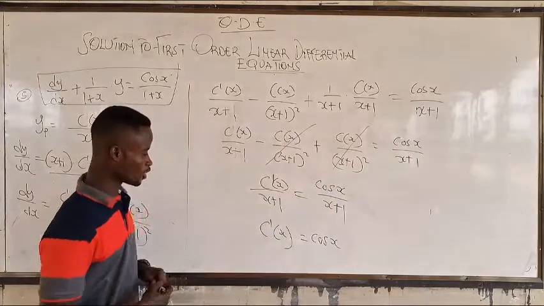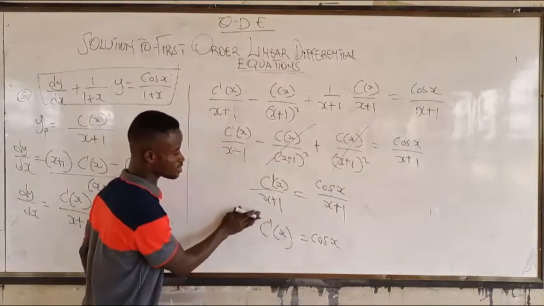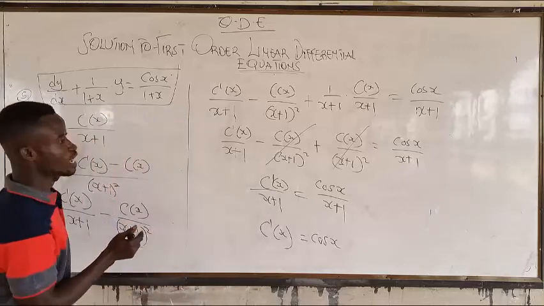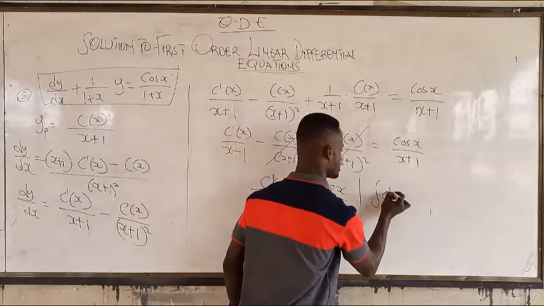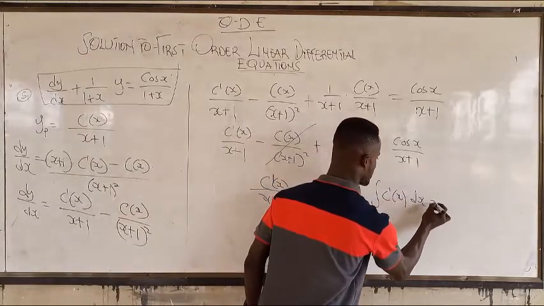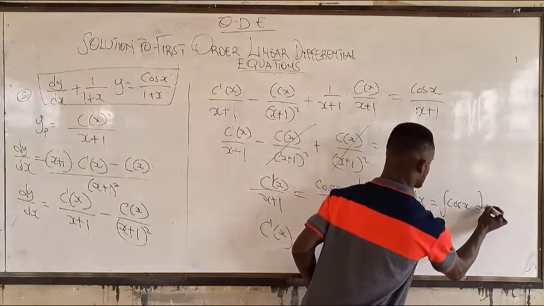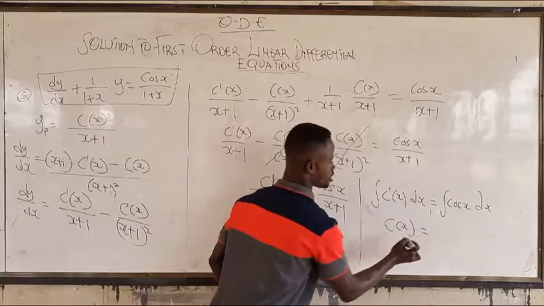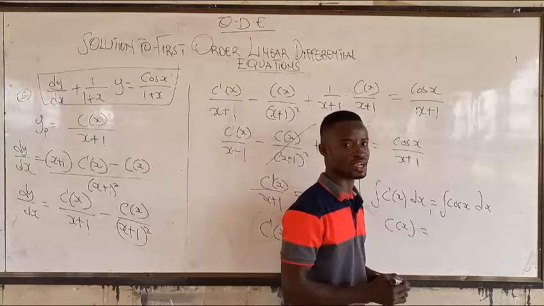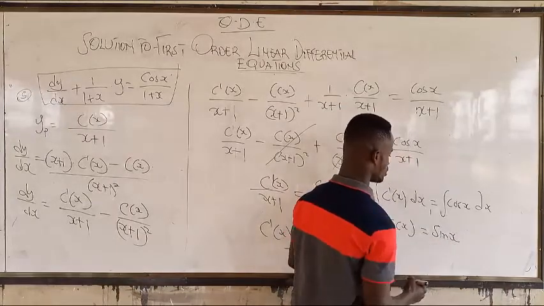So let's move on. For us to get C of s, to do the substitution here, we integrate this with respect to s, and this gives C of s equal to this. When you integrate cos, you get sin s.